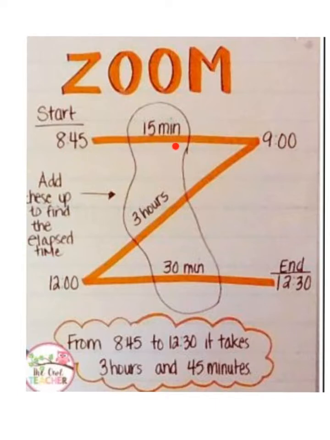It took me 15 minutes to get to the next hour. And then I added 3 hours because that was the ending hour. And that takes me to 12. And then I still had 30 minutes left to go. So I do my 30 minutes on this line and get my end time of 12:30. So I realized that from 8:45 to 12:30, it takes 3 hours and 45 minutes.